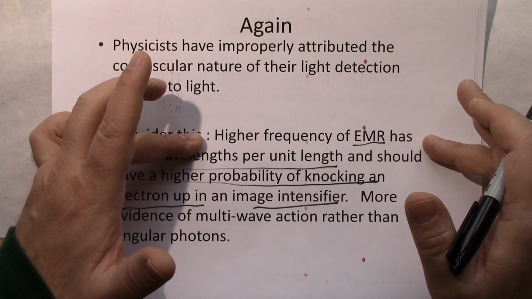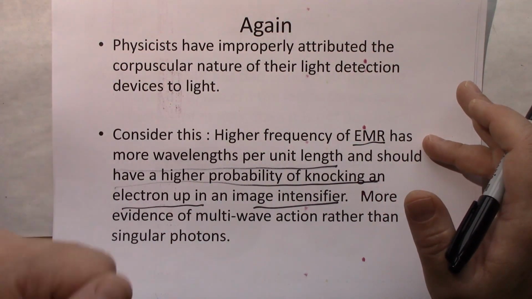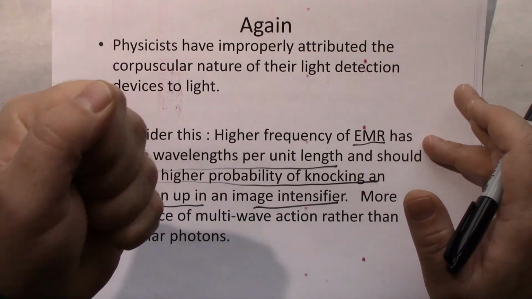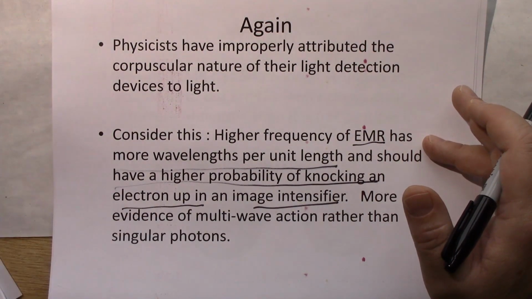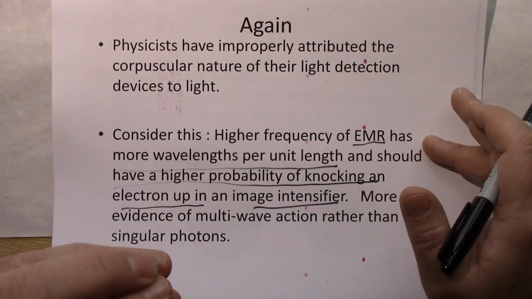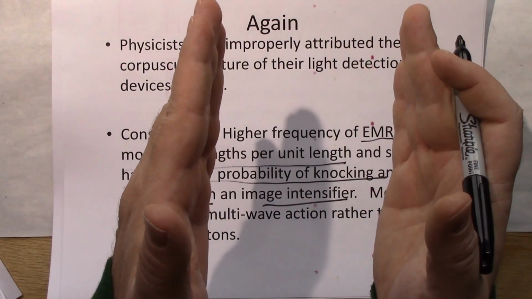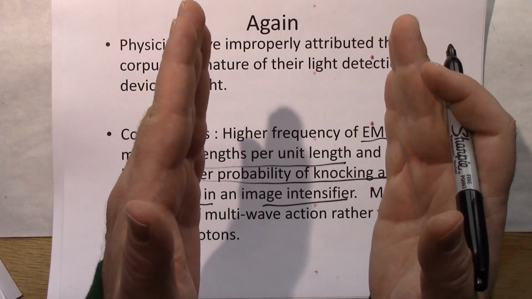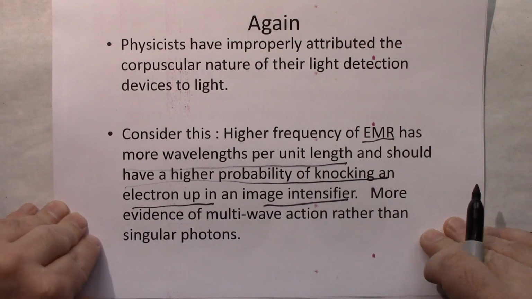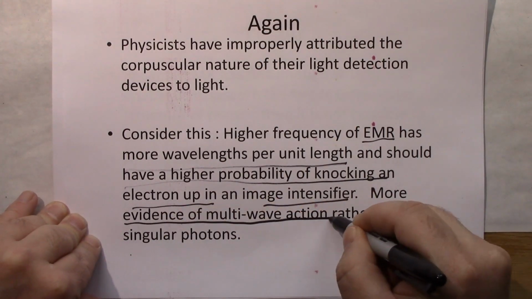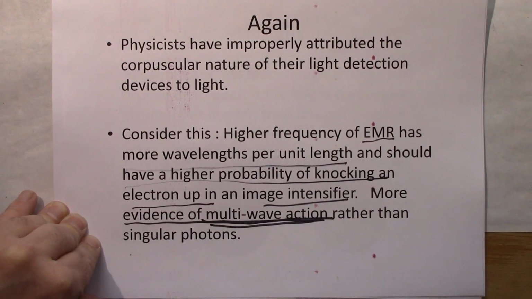And that's where it has the added ability, it has more chances to bang at that electron and knock it out on you. Therefore, it's not a case of a higher energy photon, it's a case that you have a wave train that's much more densely packed and has a higher chance of knocking something out. So this is more evidence of multi-wave action, like I've been saying from the beginning. It takes multiple waves to knock an electron out.